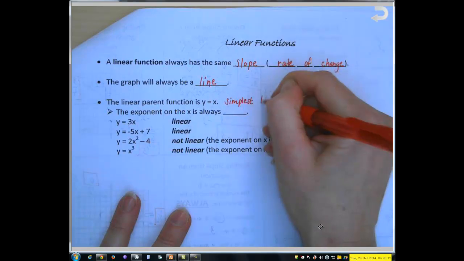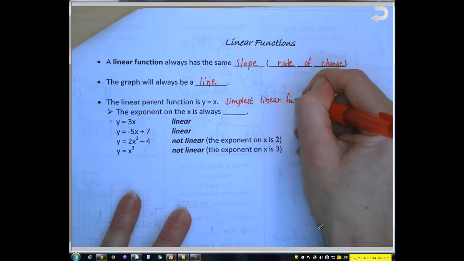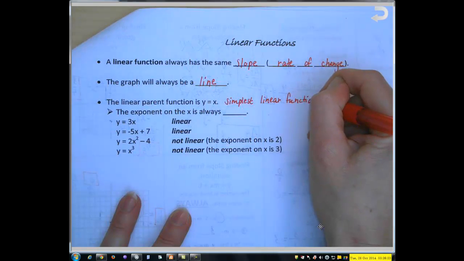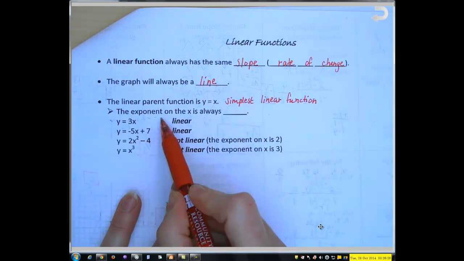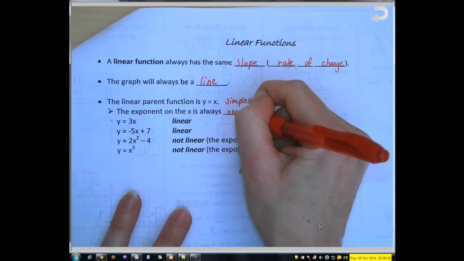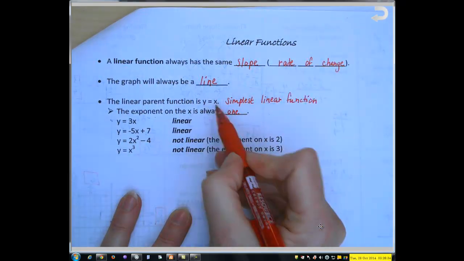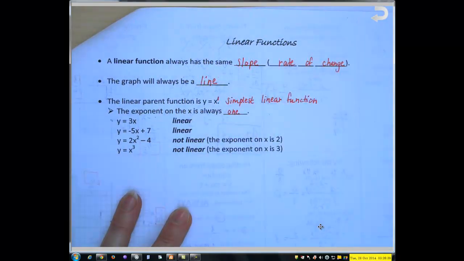Okay, and we call it the linear parent function. And the unique thing about the linear parent function is that the exponent on the x is always 1. We haven't written that exponent in there, but we could write the exponent there. Remember, if there is no exponent written on the variable, it's understood to be a 1.